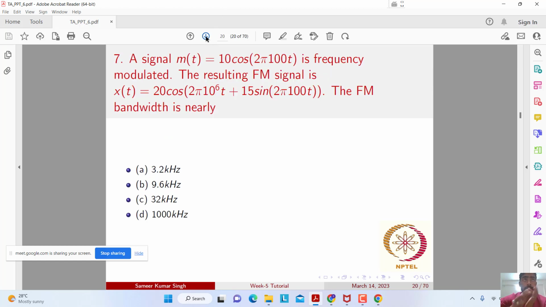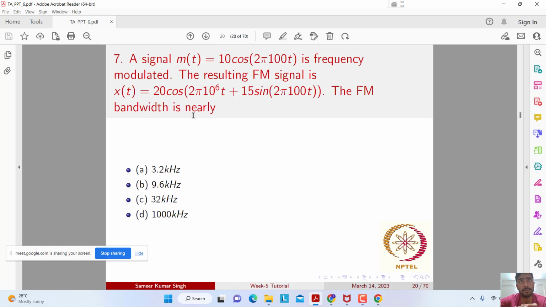Okay, so question number 7. A signal m(t) equal to 10 cos 2 pi 100t is frequency modulated. The resulting FM signal we are getting, x(t), is given as 20 cos(2 pi 10 to the power 6 t plus 15 sin 2 pi 100 t). The FM bandwidth is nearly. We have a message signal, we have a frequency modulated signal.